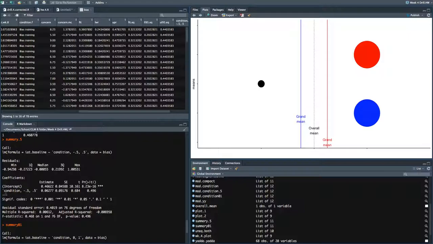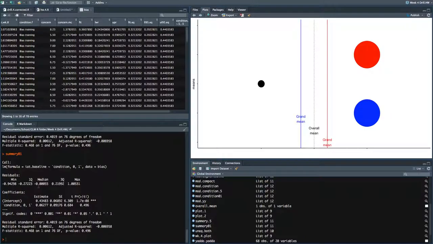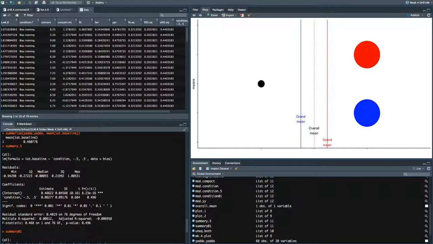As far as the interpretation on this effect coded, which is when we have our -1/2 and +1/2, that's known as effect coding. This down here is dummy coding. Dummy coding is 0 and 1. Effect coding is -1/2 and 1/2, or -1, 1, things like that. So when you're using effect coding, the intercept is the grand mean, and the estimate for the slope is the difference between the two groups.